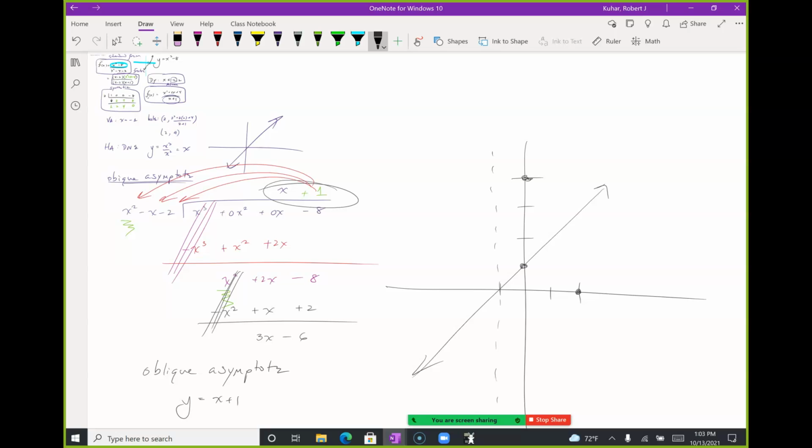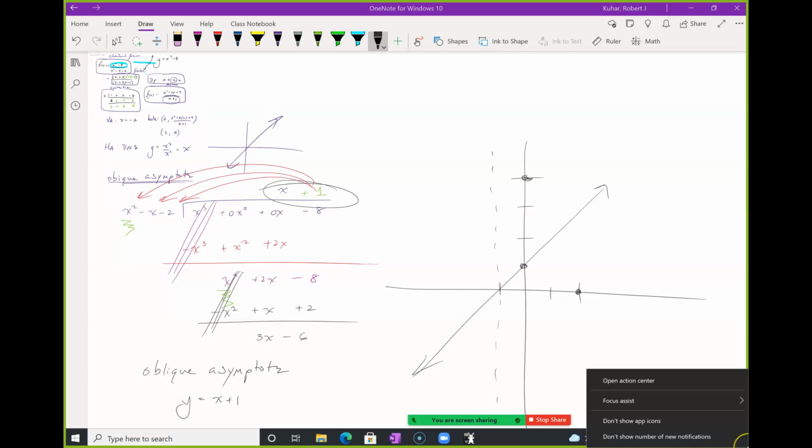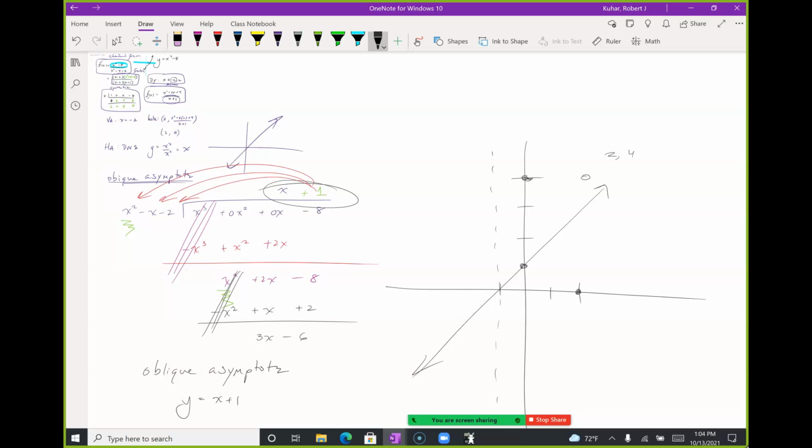I'm just doing those in my head real quick. I found out where the numerator is 0. Oh, and when x is 2, yes, and 2 comma 4 is a hole, right? Cool.